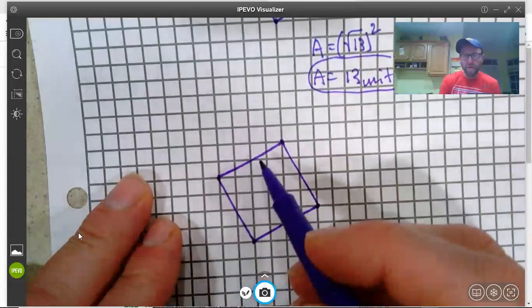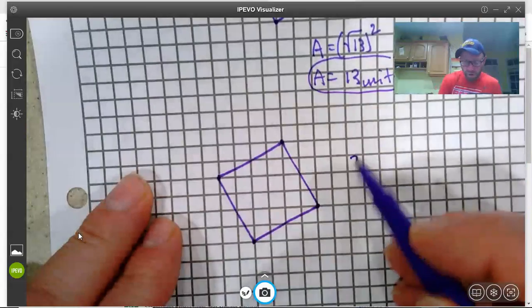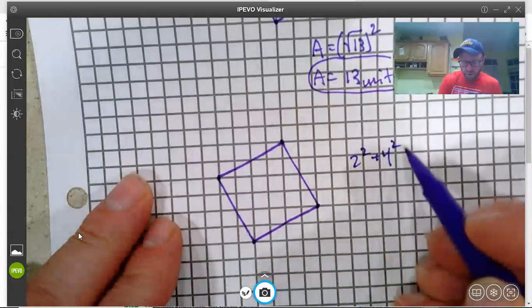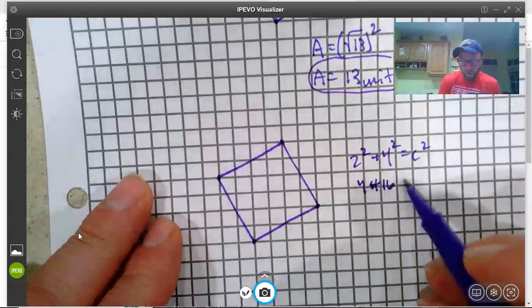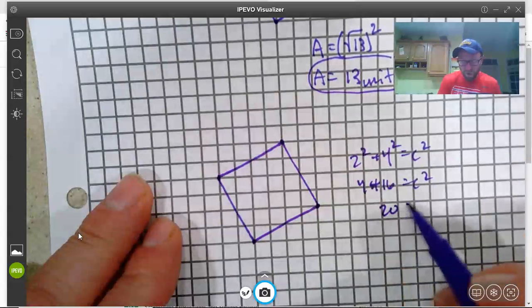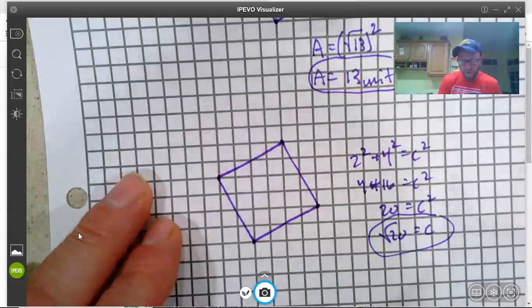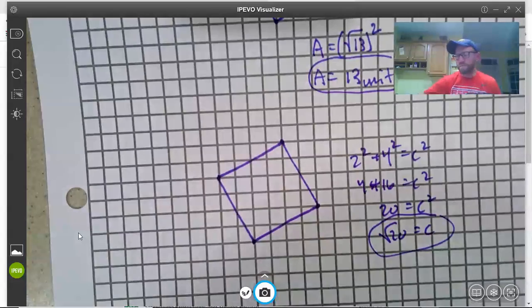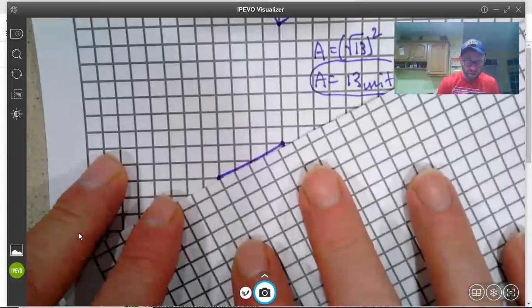If I want to find the side length for one, it's up 2 over 4. So 2 squared plus 4 squared is c squared. 4 plus 16, c squared. 20 is c squared. Square root of 20 is c. And that's a number that's in between 4 and 5. You can use a calculator, and we check here just to look.